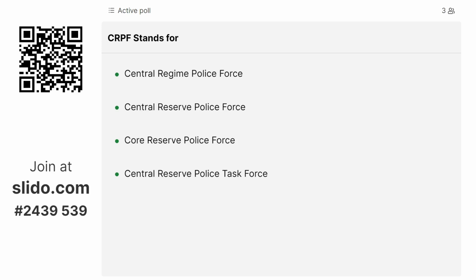Those who have got their hands raised. Sir, you don't have to speak the answer. You have to attempt it using the poll. You have to go to the QR code. You have to just tap on the option which you think is the correct one.